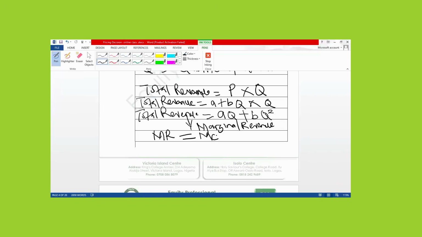Please don't forget, the selling price that maximizes profits is that price at a level of sales where your marginal revenue equals your marginal cost.